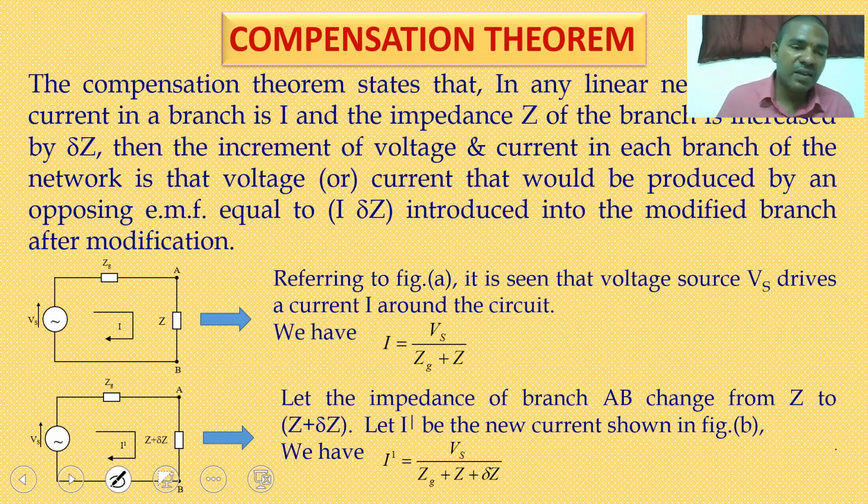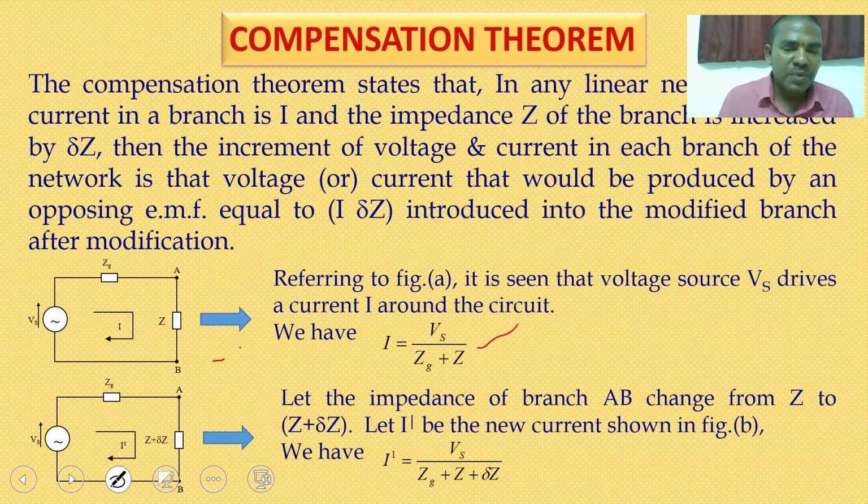To understand this, I am going for a simple example. Here a voltage source Vs, the impedance of the voltage source is Zg, and a load is Z. Now the total current I can be represented as Vs divided by Zg plus Z. Now there is an increment in the impedance.